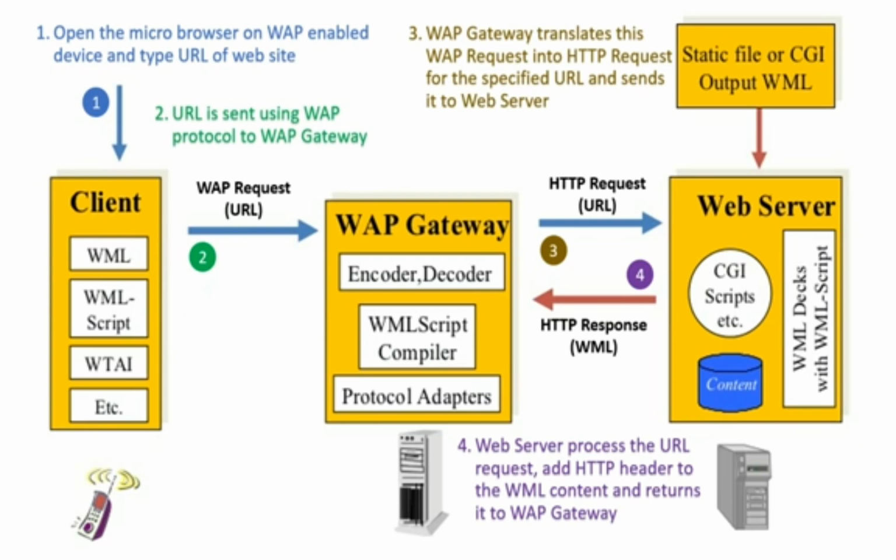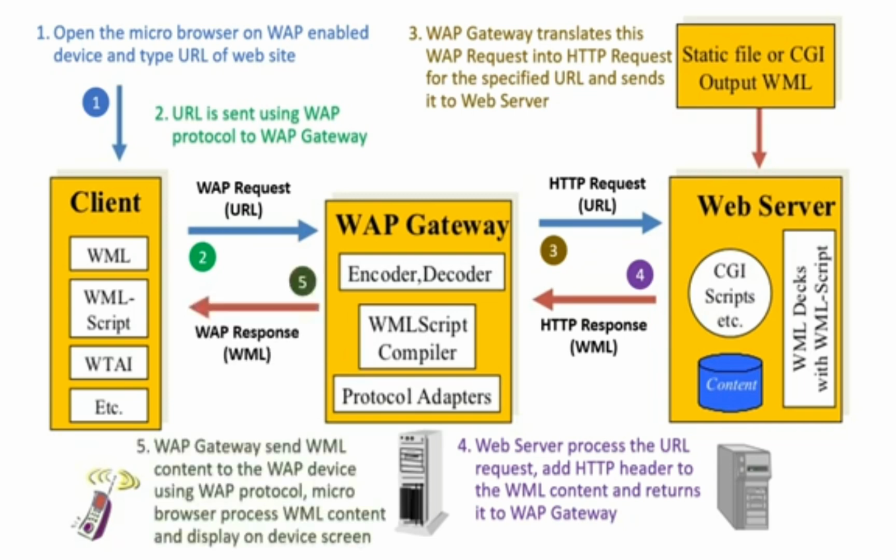Here the WAP gateway does the encoding and decoding process. Finally, the result will be converted into the WAP response with the help of the WML language and sent to the client. Here the client is our mobile phone.